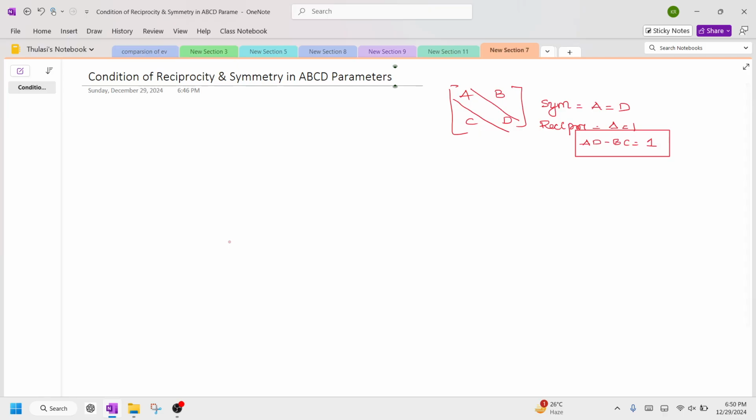Now, how to do this ABCD parameter evaluation? First write down V1, I1, V2, I2.